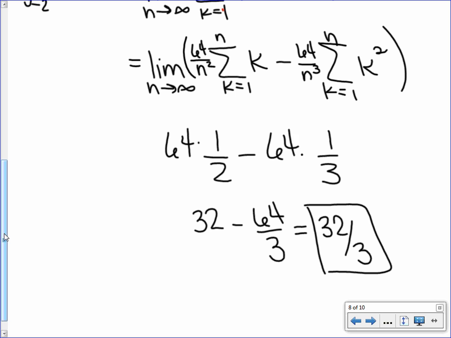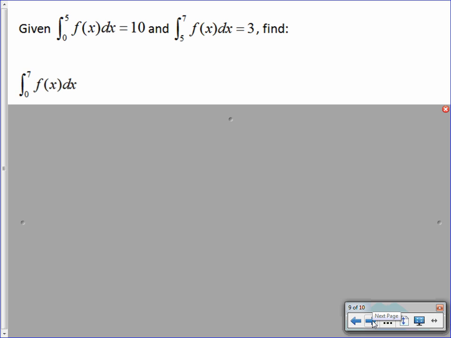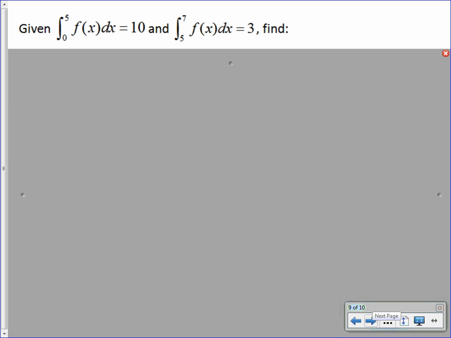The hard part. Okay. Now let's think calculus-wise. You're going to have some problems like this. I am telling you that the integral from 0 to 5 of a function is 10, and the integral from 5 to 7 of the same function is 3. 0 to 7 is 13.